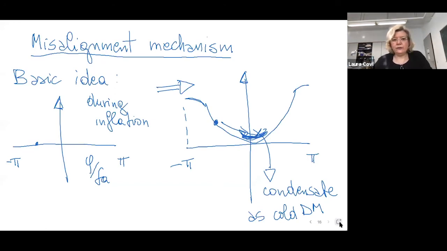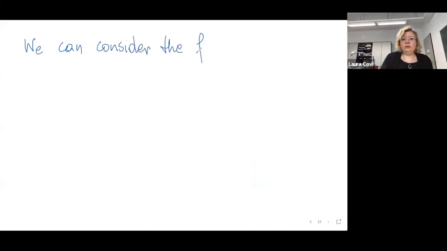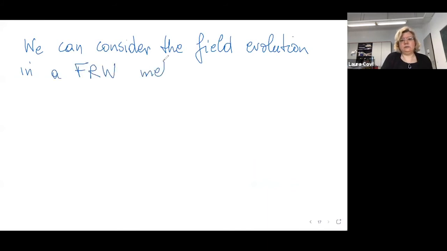So how can we solve this behavior or this dynamic? We can consider the field evolution in the Friedmann-Robertson-Walker metric. Of course, I don't derive the equation; I think this is one part of the exercise.